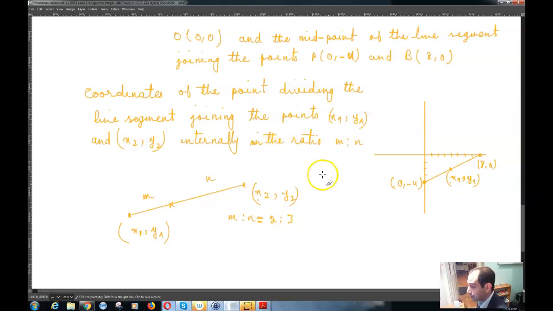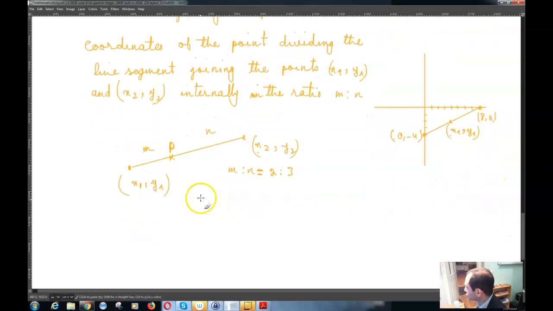Then the coordinates of this point, let's call it P, are going to be equal to (m x2 plus n x1) over (m plus n), and (m y2 plus n y1) over (m plus n).